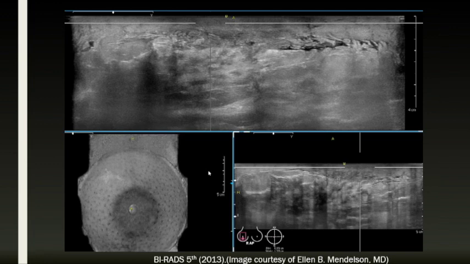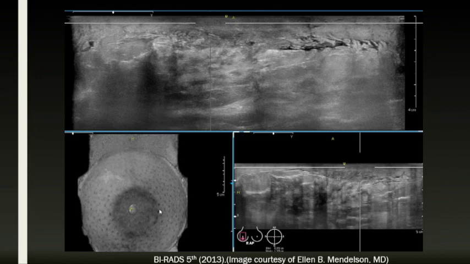So looking at this, you see the peau d'orange very nicely, the dilated pores and the swollen breast tissue. Looking at the acquisition, the very thickened skin, it's more than 1 millimeter in thickness, and possibility of masses within the breast parenchyma, which you do see better and confirm on the sagittal reconstruction.